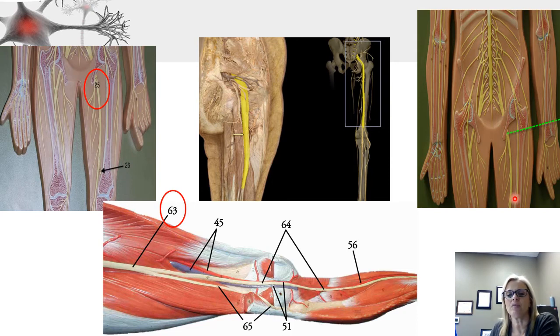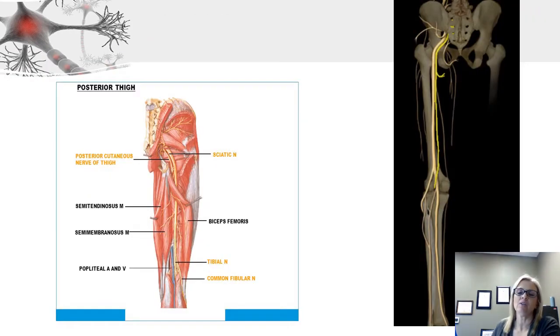This is the largest nerve in the body, and so it's number 63 here on this leg. What's the name of it? Sciatic nerve. I don't have any really good pictures of this one in any of the models that are that great, okay? But you can see it's down here. All right.